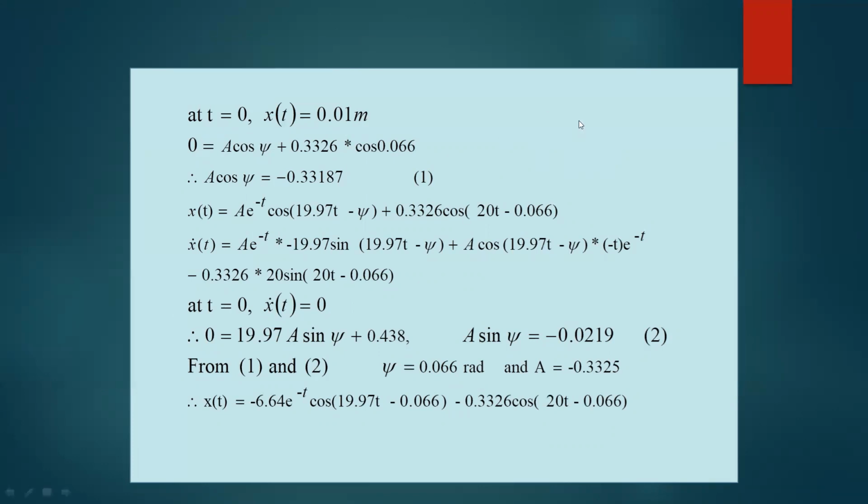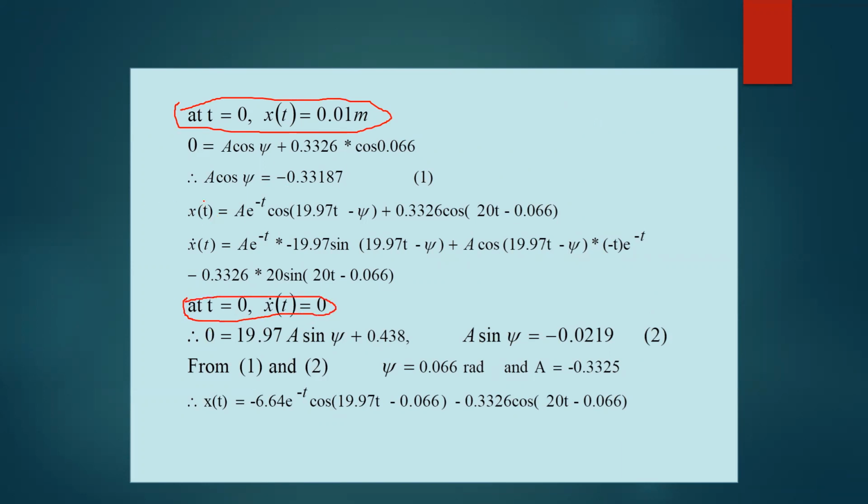For this, we need two equations. This is one of the initial conditions, and another is the second initial condition.